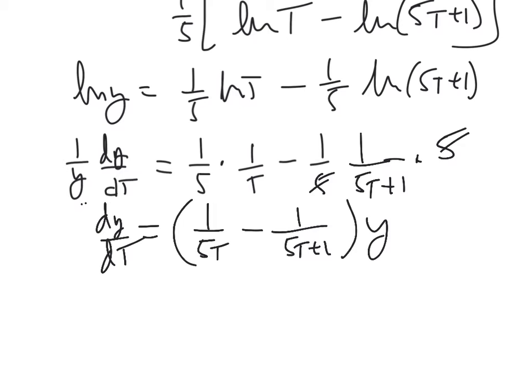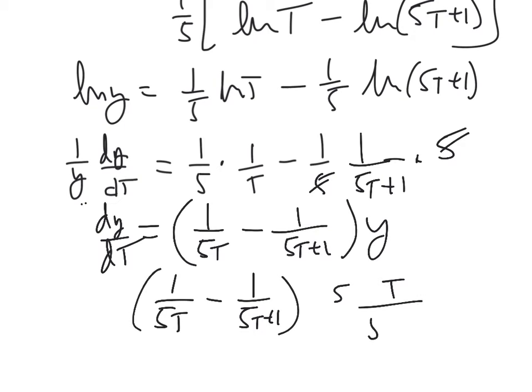So what we're going to do is 1 over 5t minus 1 over 5t plus 1 times that original function. So I guess what my original function was the fifth root of t over 5t plus 1. And that they took as the right answer.